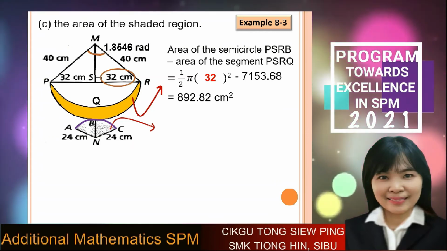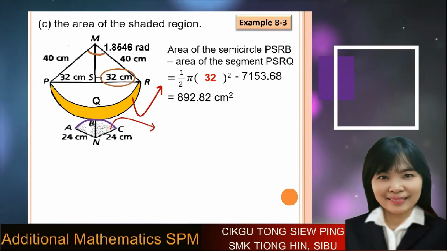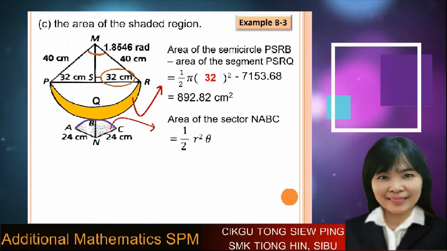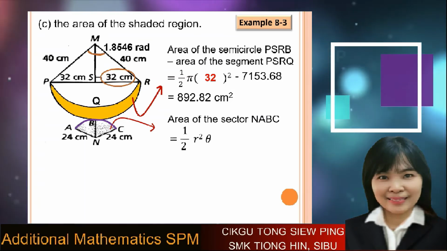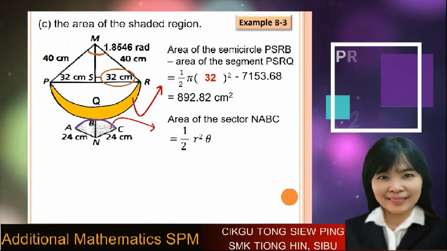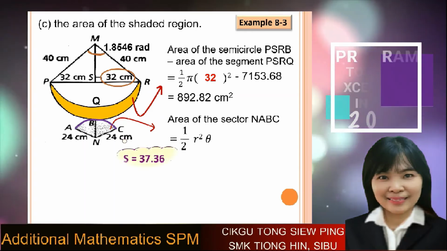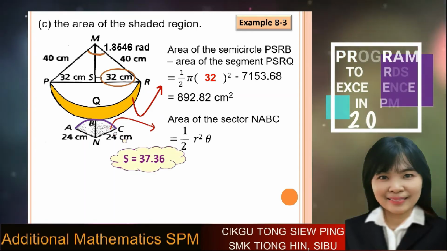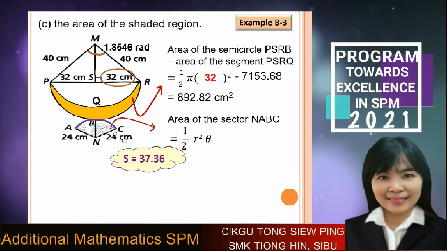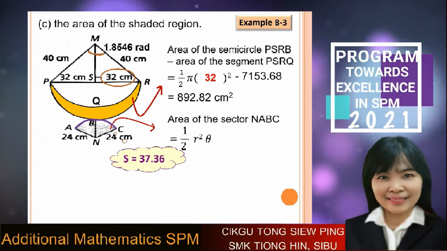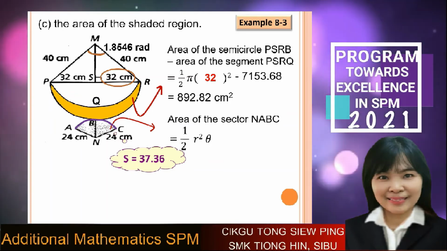Now we look at this shaded region. It's a sector, so we can use the sector formula to get the answer. From the question, you know that the radius of this sector is 24, and the length of arc ABC is equal to 37.36. However, the angle of this sector is not given.